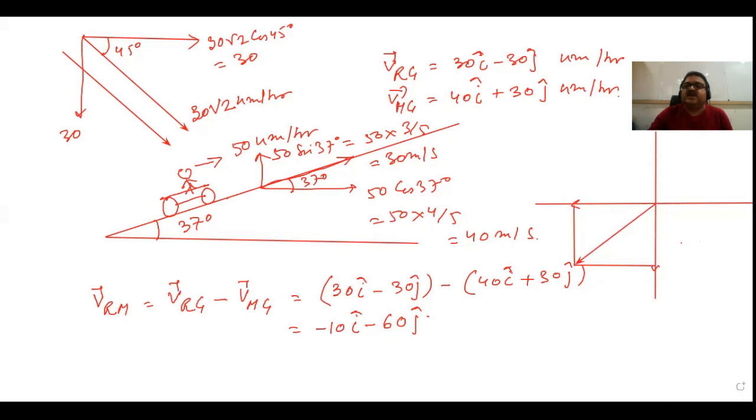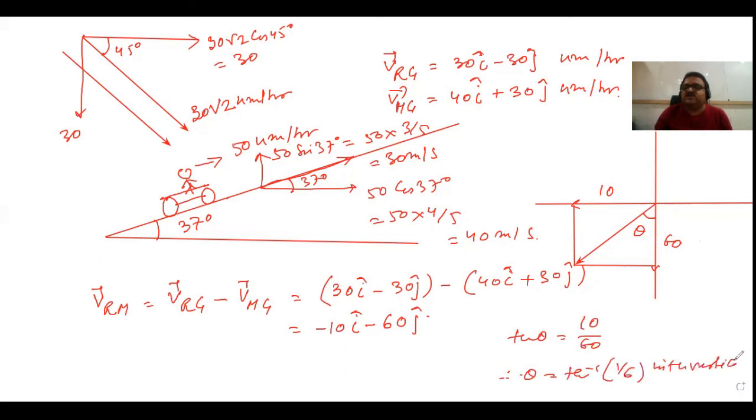Clear? What is the angle? We can find the angle easily. If I assume this as theta, this is given 10 and this is 60. So tan theta is equal to height, that is 10 by 60, so theta is equal to tan inverse 1 by 6 with vertical.